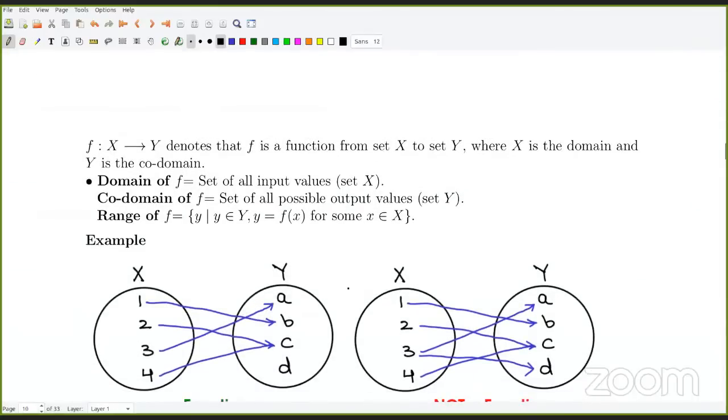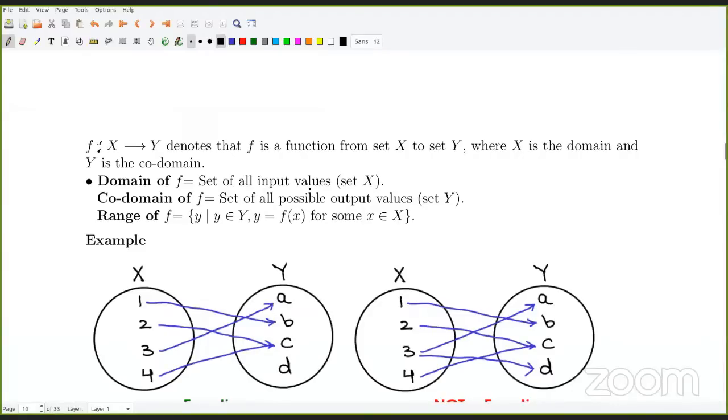So this is defined like this. We denote f: X to Y, meaning f is a function from set X to set Y, where X is called the domain and Y is called the codomain. The domain is the set of all input values and the codomain is the set of all possible output values. There is another word called range, which is the actual set of outputs.